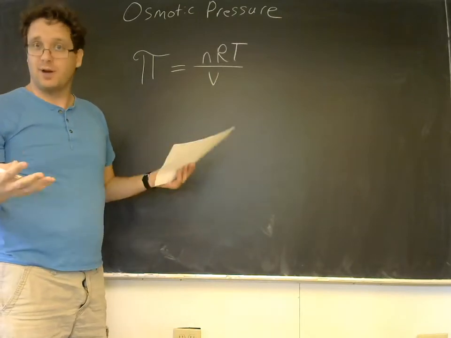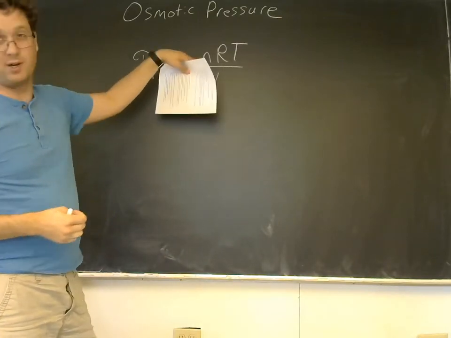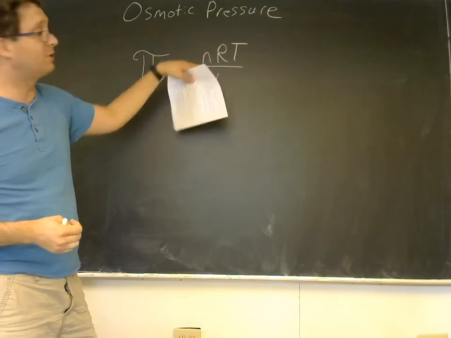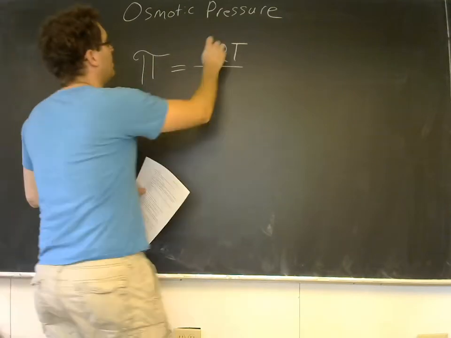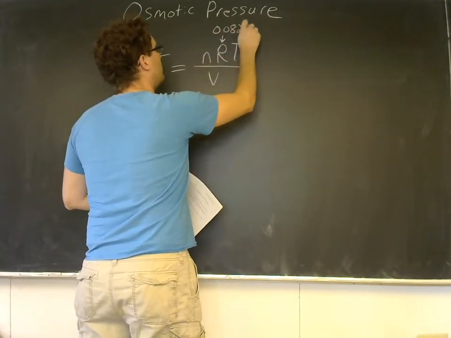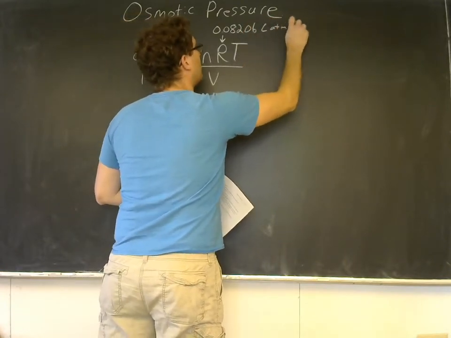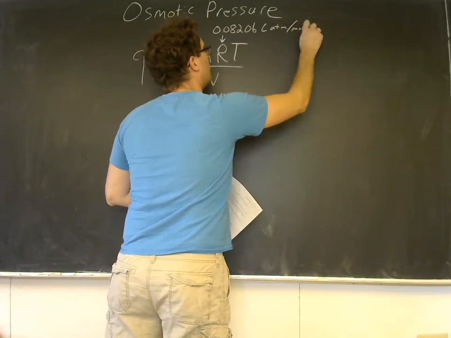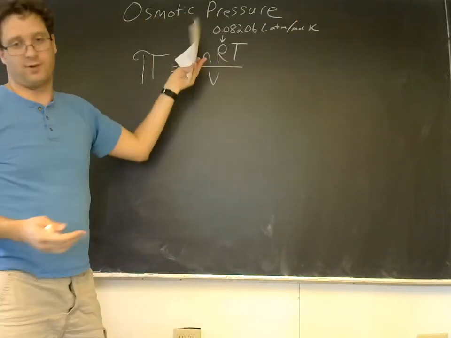Well, guess what? The osmotic pressure exhibited by a solution is equal to the number of moles of solute times the very same gas constant. So this would be 0.08206 liters atmospheres per mole Kelvin, times the temperature in Kelvin over the volume in liters.